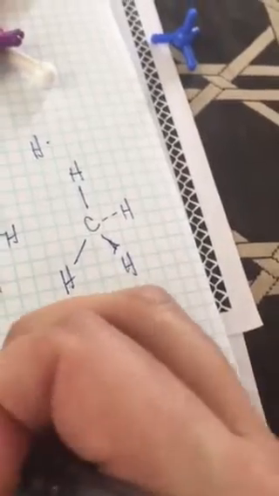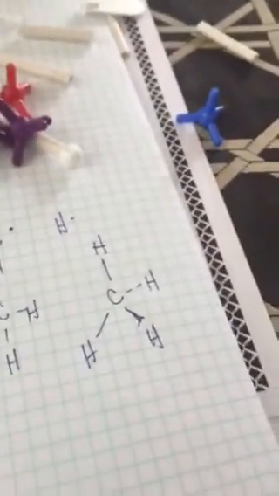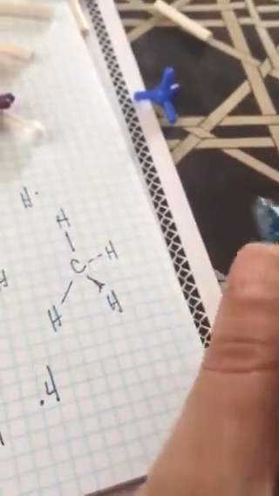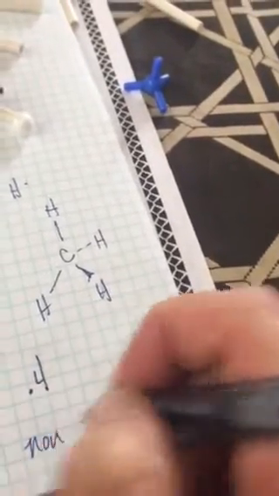And then I just need to look up the electronegativities. Carbon is 2.5, hydrogen is 2.1, for a difference of 0.4, which on our scale is a non-polar covalent bond.